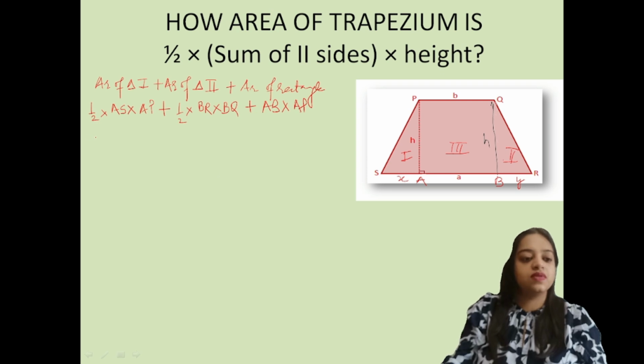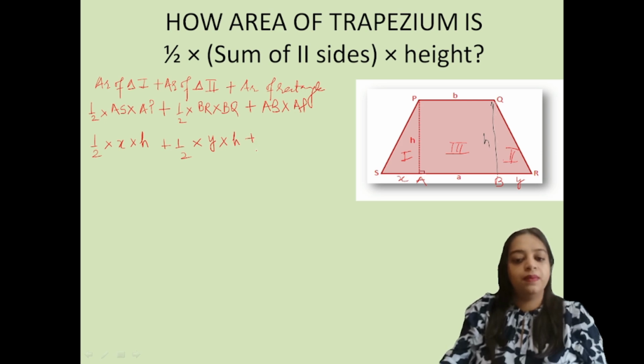Let's put the values now. It's half into AS length को हमने x assume किया है, AP मतलब height of trapezium, we are denoting it with small h, plus half into BR को assume किया है y and BQ is also h, plus AB length को according to AB length, बेटा जो ये length A given है, it is not only AB, this is entirely length RS, right?